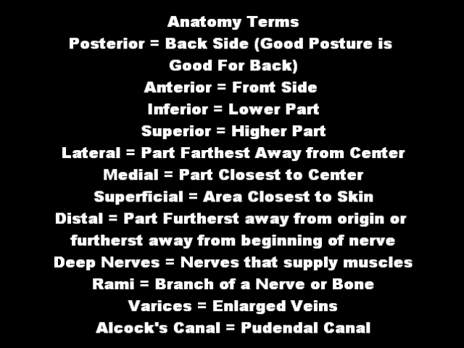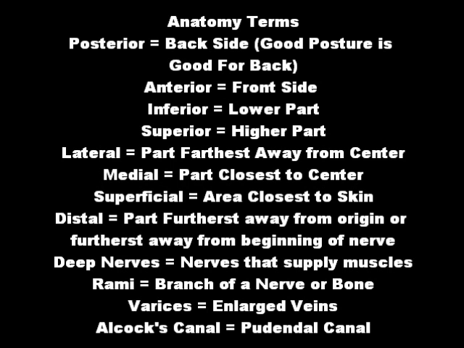Superficial equals the area closest to the skin, the opposite of the deeper part of your body. Distal equals the part furthest away from the origin, or furthest away from the beginning of a nerve or any other part.